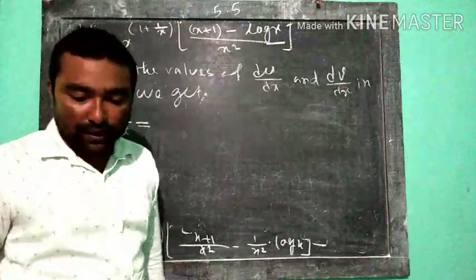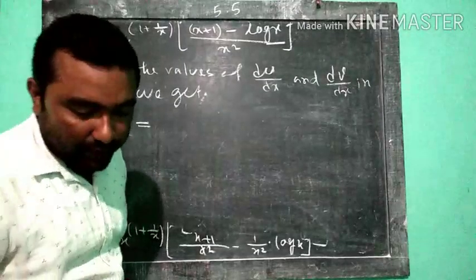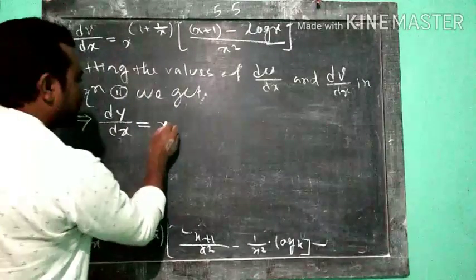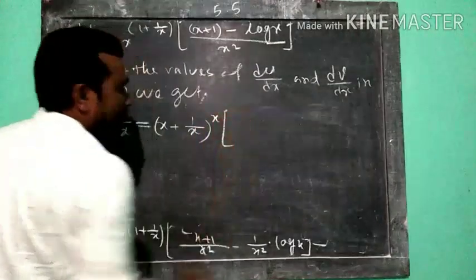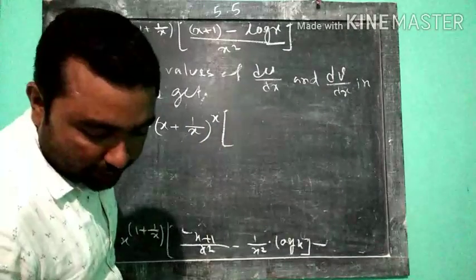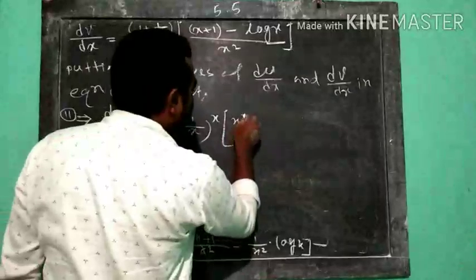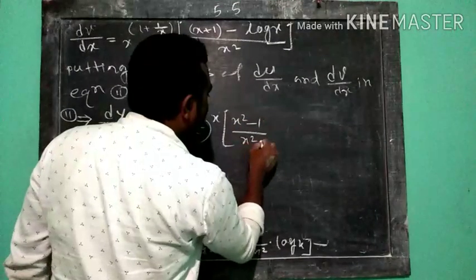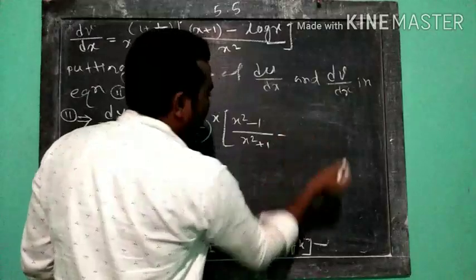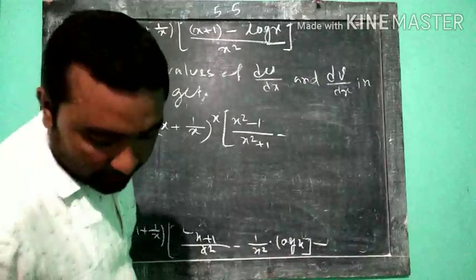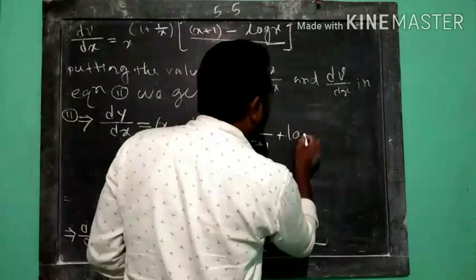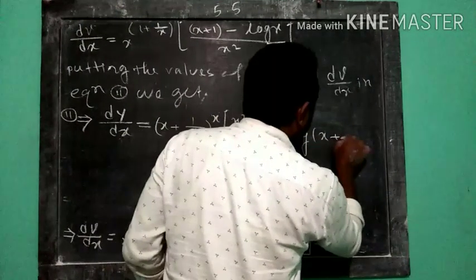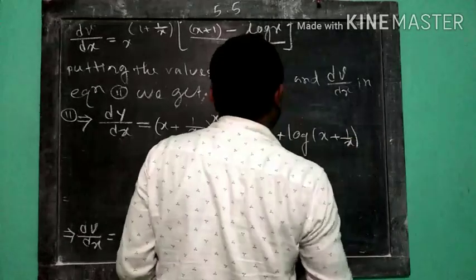What is du by dx? The value of du by dx is (x plus 1 by x) whole to the power x whole into (x square minus 1) divided by (x square plus 1) plus log of (x plus 1 by x). This is du by dx.